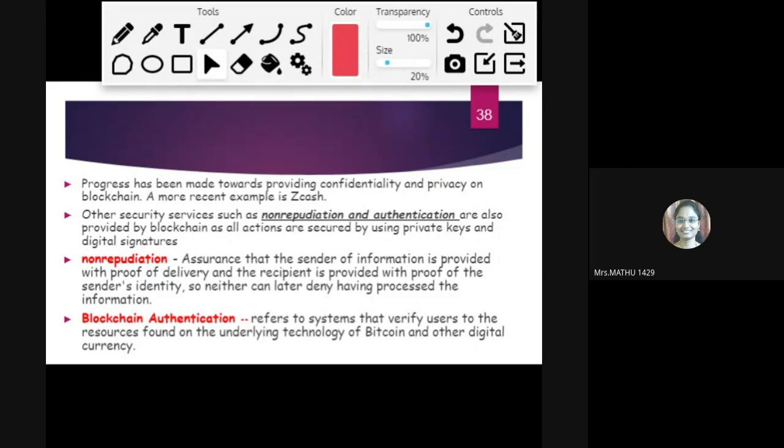So what is the meaning of non-repudiation is that, see, sometimes the sender or the receiver may disown that this transaction has happened. This may happen in any process, right?